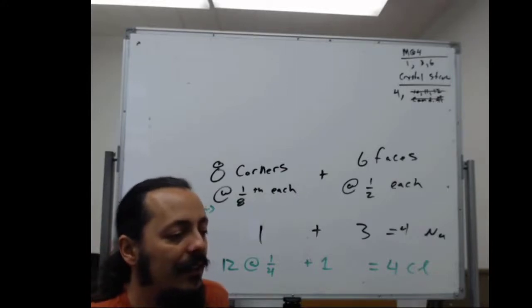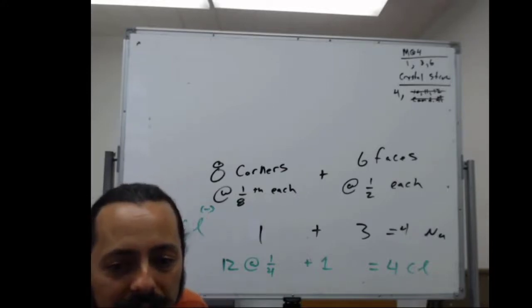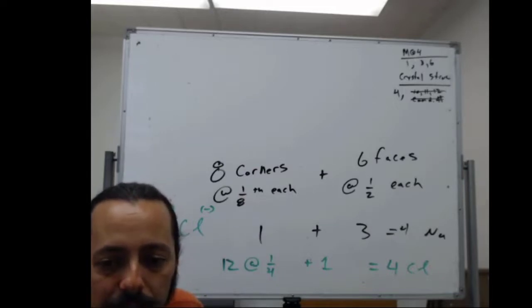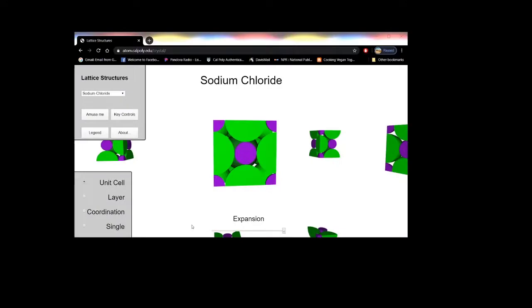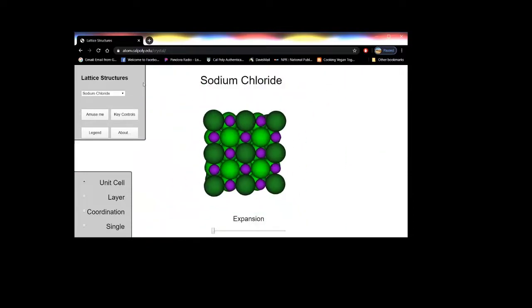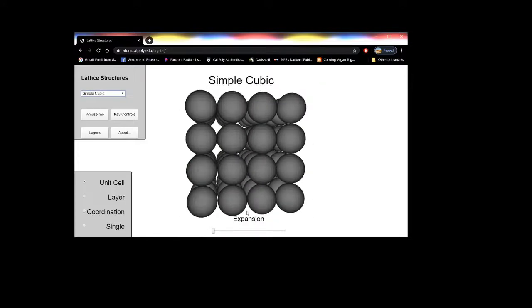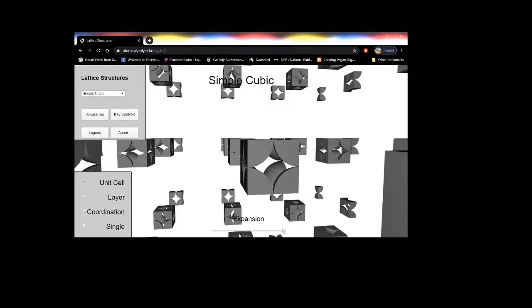Simple cubic, face-centered cubic, body-centered cubic. So let's switch back to looking at our simulator. And most people that are having trouble with this are having trouble because of syntax and just what we type in.